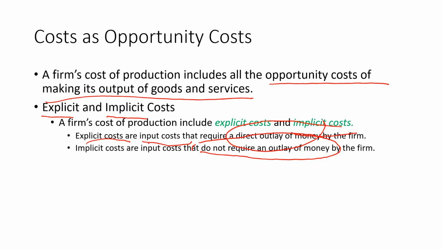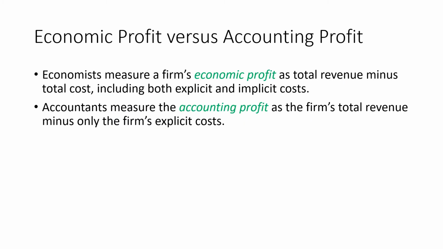Even the cost of the entrepreneur himself is an implicit cost, because he is not paying wages to himself. But what if he utilized his time somewhere else? He could have earned a salary, and that amount of salary which he has sacrificed is included in the implicit cost.